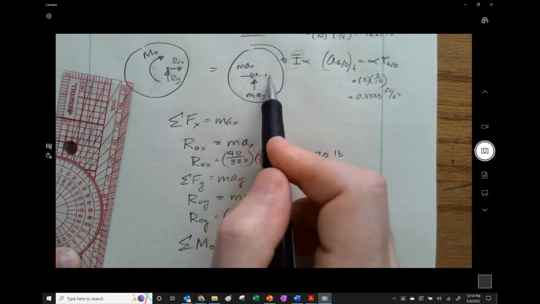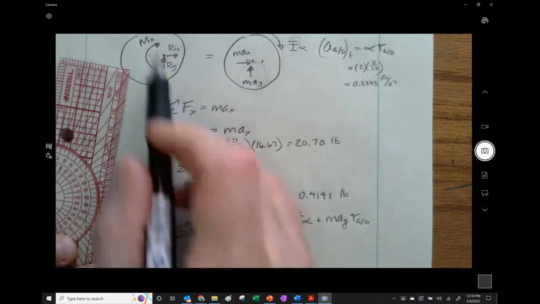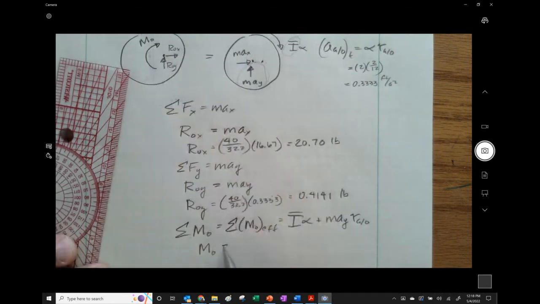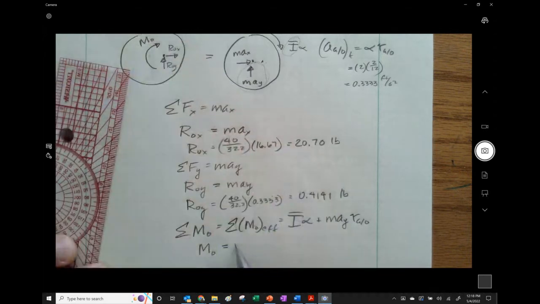Because that's G and that's O right there. So we had that M_O, which is a moment they tell us is external. That's the thing that's causing the alpha.